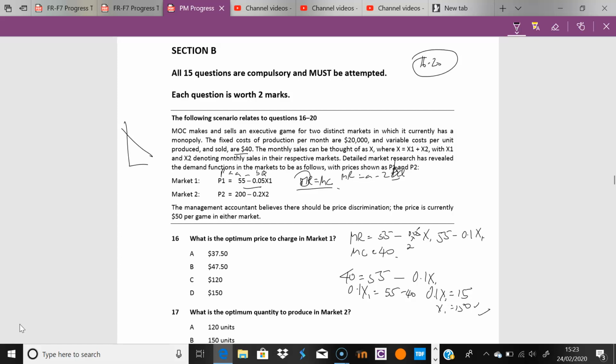Now I go back into my equation, and P1 is equal to 55 minus 0.05 times this optimal quantity. 0.05 times 150 is 7.5, so P1 is equal to 55 minus 7.5.